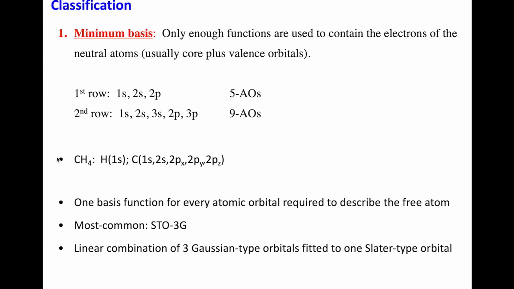Consider the CH4 molecule: hydrogen has a 1s orbital and carbon has 1s, 2s, 2px, 2py, 2pz, total 5 plus 1, so there are 6 atomic orbitals in total. One basis function is used for every atomic orbital required to describe the free atom. The most common minimum basis set is STO-3G, a linear combination of 3 Gaussian type orbitals fitted to 1 Slater type orbital.